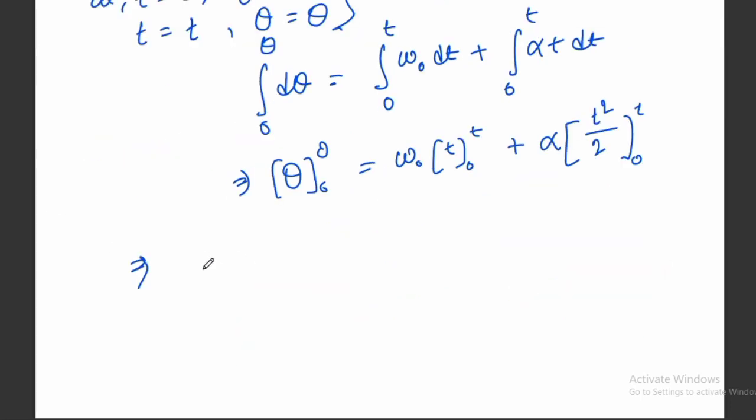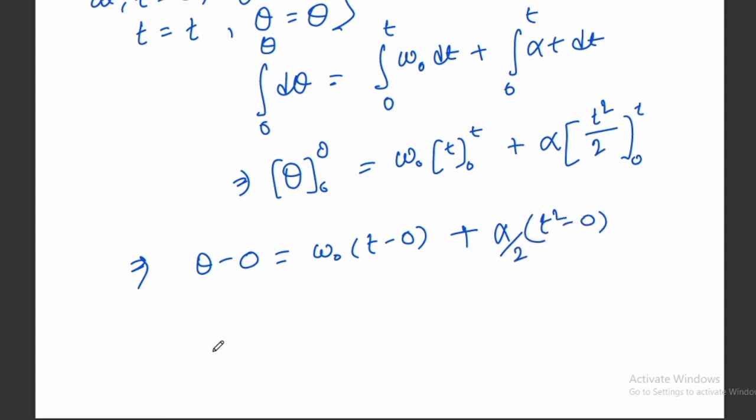Now putting the limits, we will get theta minus 0 equals omega naught t minus 0 plus alpha by 2 t square minus 0. So it will lead to theta equals omega naught t plus half alpha t square.